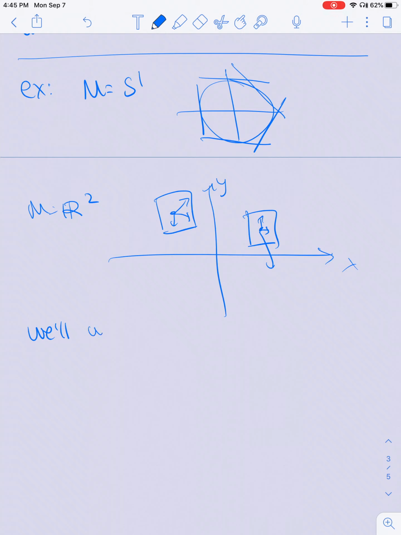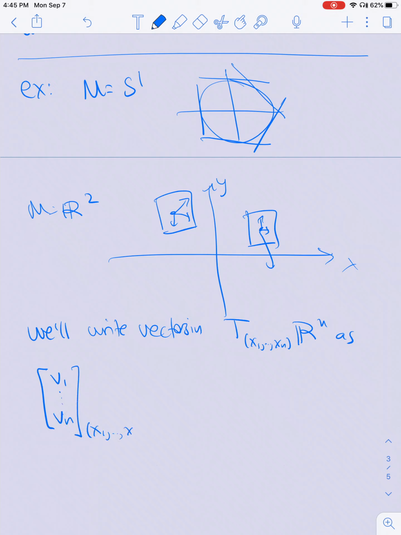So we're going to write vectors in the tangent space to a point (x1, ..., xn) in R^n like this. They'll be column vectors, and we're going to put the subscript (x1, ..., xn) on them.